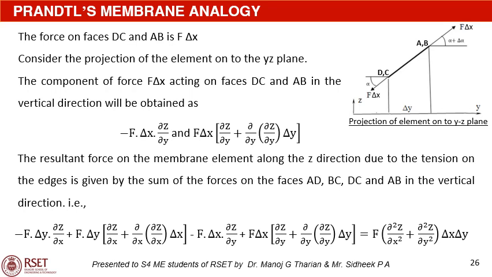That is minus F delta y dou Z by dou x plus F delta y dou Z by dou x plus dou by dou x of dou Z by dou x into delta x minus F delta x into dou Z by dou y plus F delta x into dou Z by dou y plus dou by dou y of dou Z by dou y into delta y, which is equal to F into dou square Z by dou x square plus dou square Z by dou y square into delta x delta y.